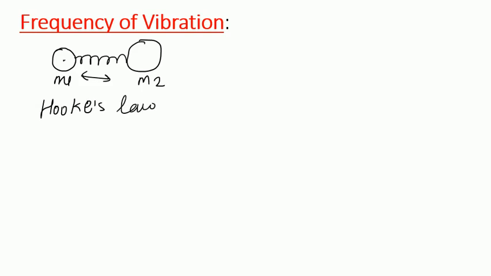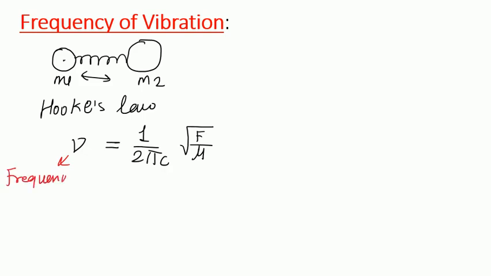according to Hooke's law, the frequency of vibration is equal to 1 upon 2 pi c under root of force constant upon mu. C is the velocity of light, 3 into 10 raised to 10 centimeter per second.